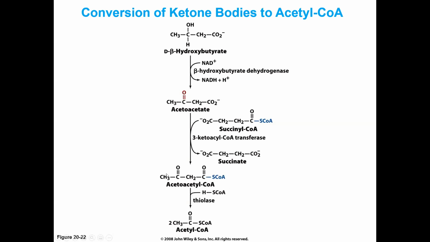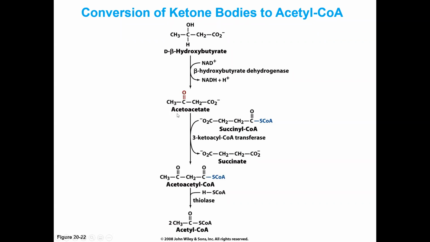So you can take beta hydroxybutyrate and convert that into acetoacetate. Acetoacetate can be converted to acetoacetyl coenzyme A with the help of this enzyme 3-keto-acyl-CoA transferase, which utilizes one of the metabolites of citric acid cycle, succinyl coenzyme A, to produce succinate and acetoacetyl coenzyme A. Remember, succinate is not lost. You take succinyl coenzyme A and make succinate, that's part of citric acid cycle reaction. But in this case, the reaction is different.